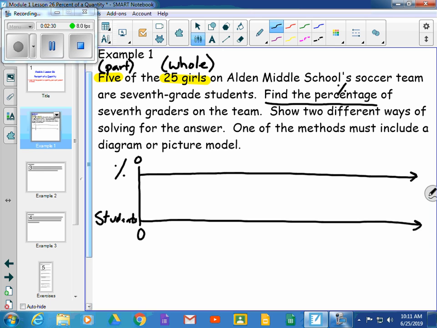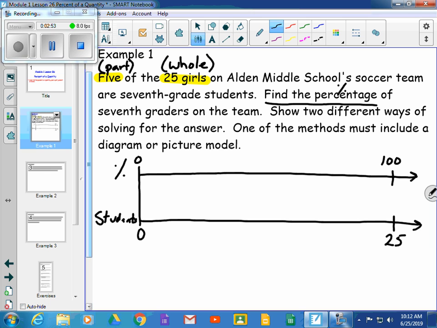Now, when you make a double number line, I always like to start with the end. 100%. 100% represents the whole, in this case, 25. We're going to match up 100 with 25. We're going to make that bottom number line with a 5 on it.